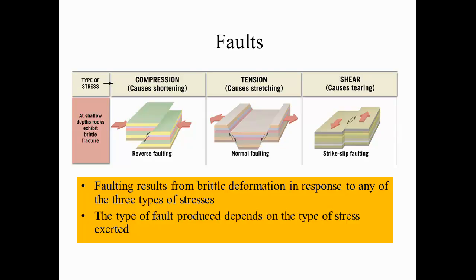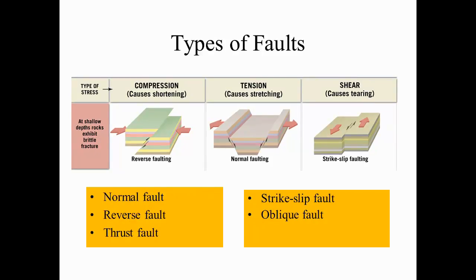For example, compressional stresses will cause reverse faulting, tensional stresses result in normal faulting, and shearing stresses result in what's called strike-slip faulting. And we'll take a look at these different types of faults in more detail. But the types of faults in general are normal faults, reverse faults, thrust faults, strike-slip faults, and finally we're going to look at what are called oblique faults.